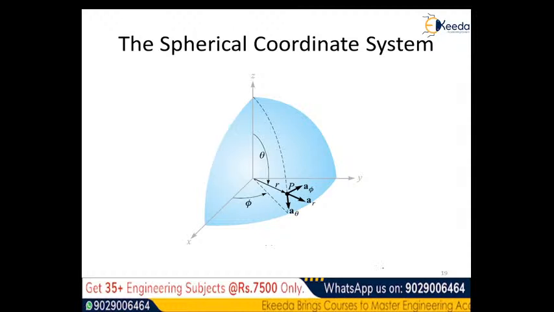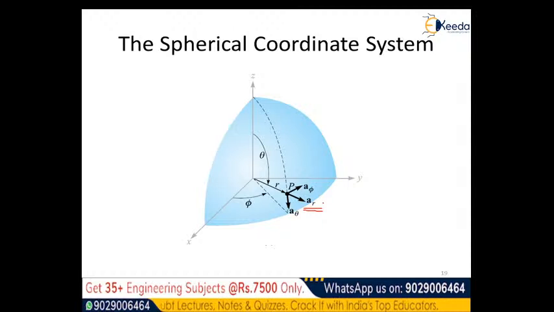structure, the spherical shape is very clear in your mind, that is origin at the point O, and it has the radius denoted by R here. So when we take a unit vector that is directed into the progression of the radius of the sphere, the unit vector is denoted by small a r here.